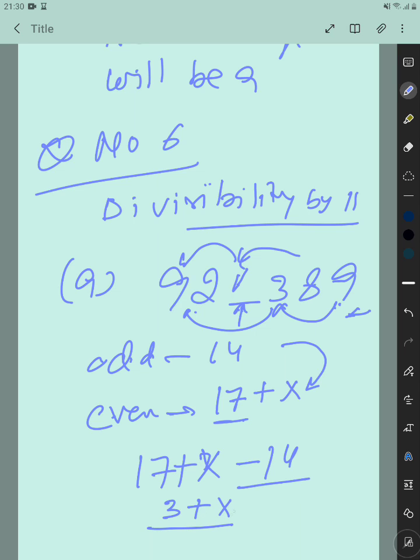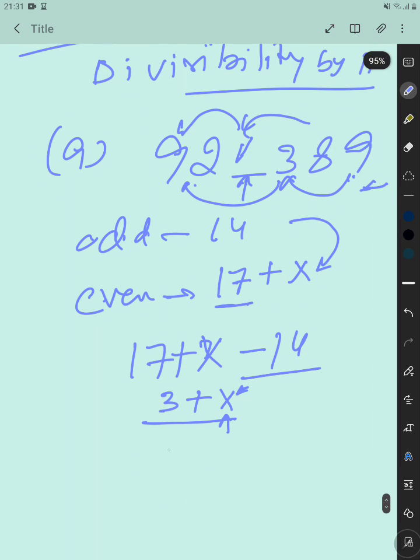So what is the possibility of x that can make it 11? It is only 8. If we put 8 at the x place, then it will be 11 because 3 plus 8 is 11. Are you trying to understand?